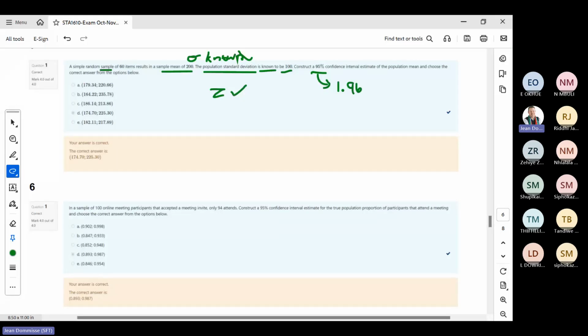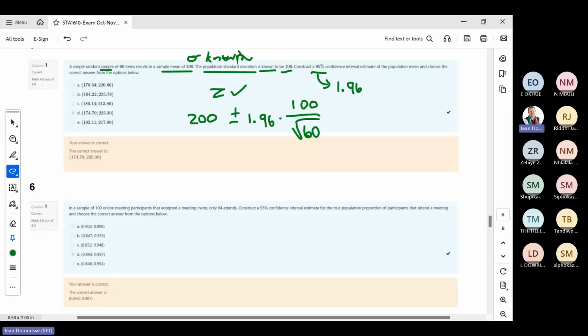So then you can say how you're going to work it out: 200 plus minus 1,96 times your standard deviation 100 divided by the square root of n, which is 60. And then you can go and solve this.